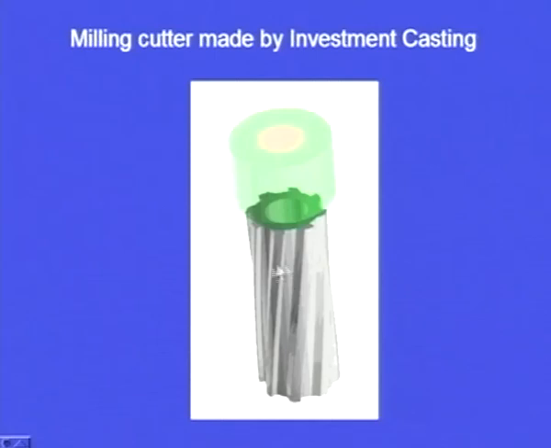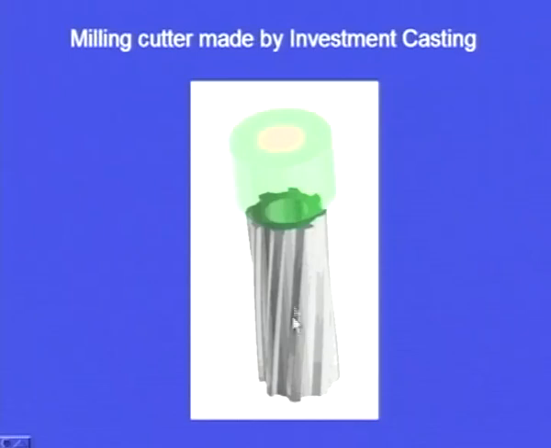So, this is the milling cutter. This milling cutter is made up of high speed steel. This milling cutter is cast by investment casting process. So, if it is made by other process, if there is any irregularity, if there is any extra metal, how can we machine it? It is very difficult.